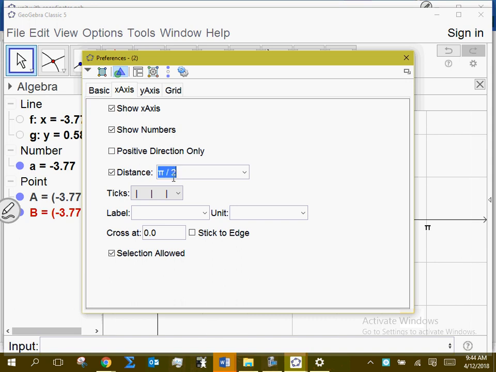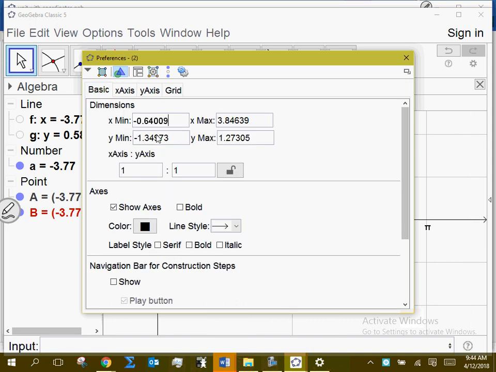Pi over 2. Go basic. Let's go 4 pi. All right, good enough.